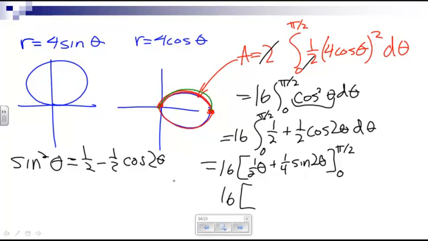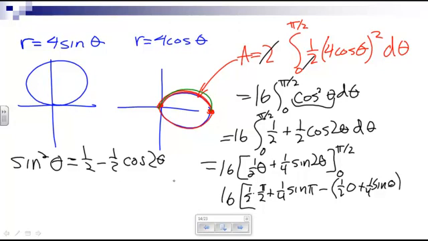We get 16 times, if I plug this in, 1/2 times pi over 2, plus 1/4 sine of pi, minus 1/2 times 0, plus 1/4 of sine of 0.